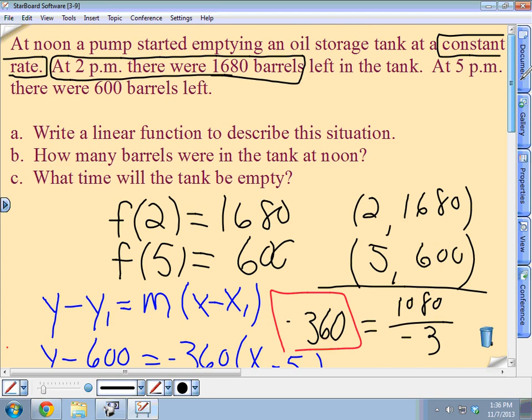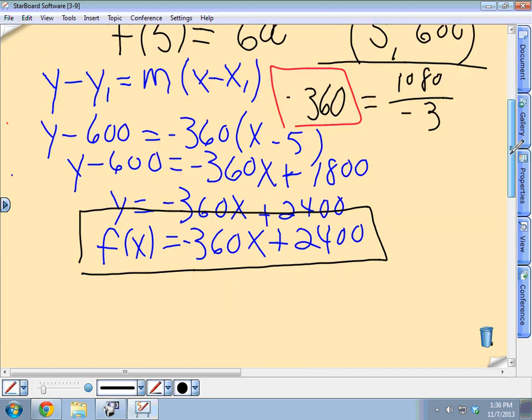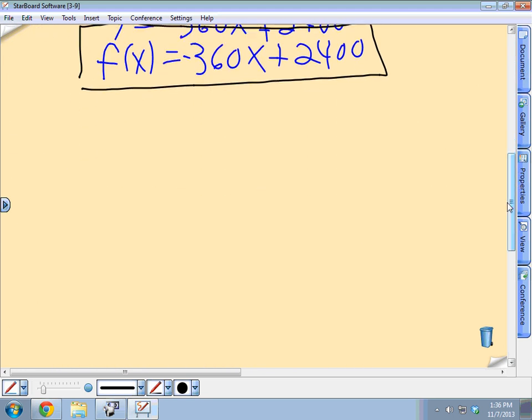So let's see what they actually want us to find out. How many barrels were in the tank at noon? At noon, x is my time. So what do I put in for x? How much time had gone by from noon to noon? None. So f of x equals minus 360 times 0 plus 2,400.